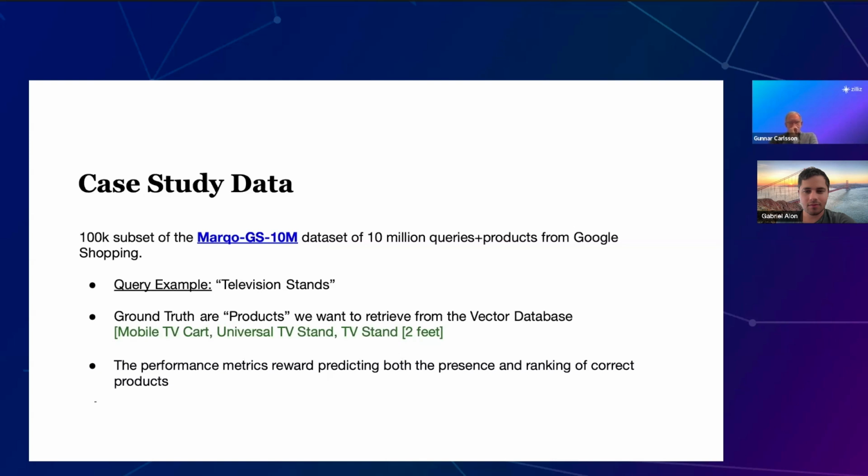So, for example, a query in this data set might be television stands. Someone is looking for television stand products. We talked a bit earlier about how there's some ground truth information about what are reasonable outputs if someone looked that up. And the performance metrics, when you use case study data like this, are going to reward both the presence of correct answers and also the rank.